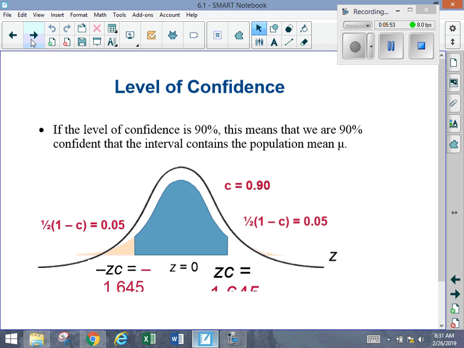So that's what that 90% means. It's not a probability or anything like that. It's saying that 90% of the time, if you were to take that same sample size, you would wind up with a confidence interval that contains the truth. I will actually get us these z-scores. We'll get them from a t-table.